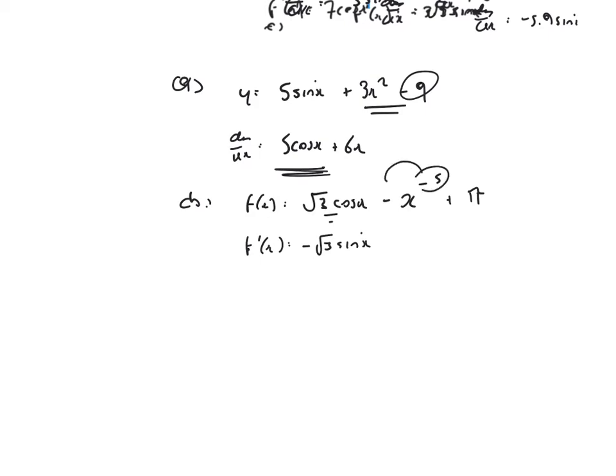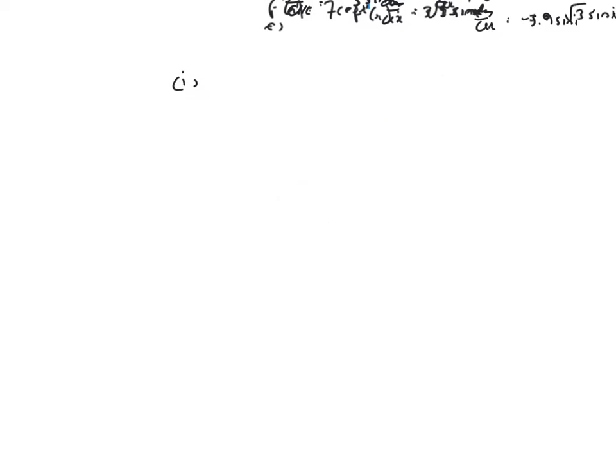Okay, bring this down, minus 5 times that minus will give me plus 5x to the minus 6, and then I differentiate pi, it disappears. Okay, and what I could do at this point is I could tidy that bit up and write it as 5 over x to the positive 6.